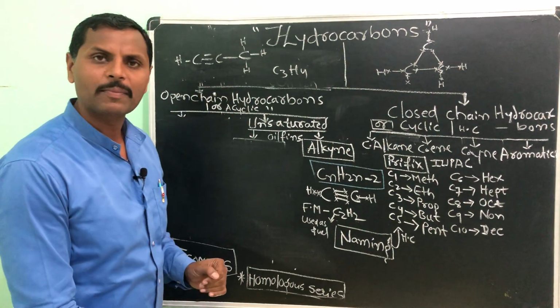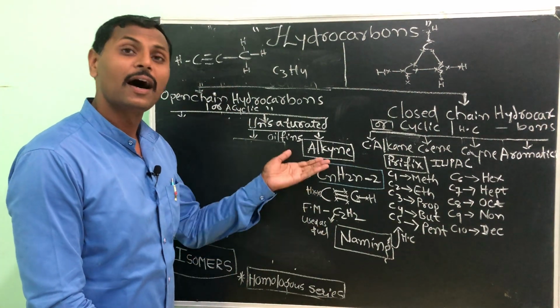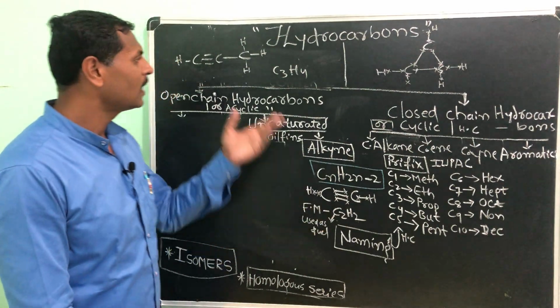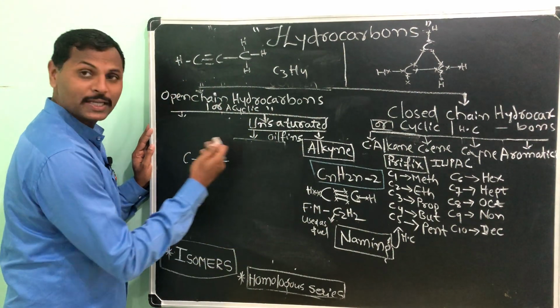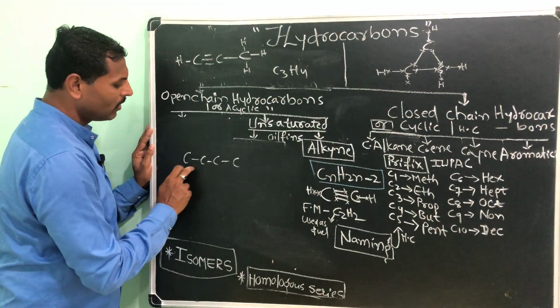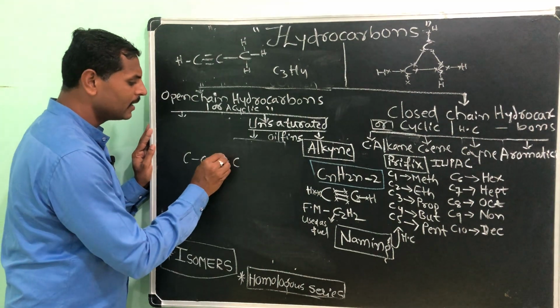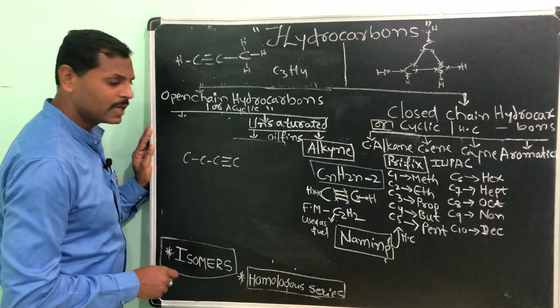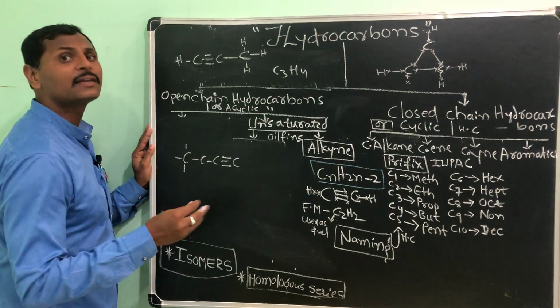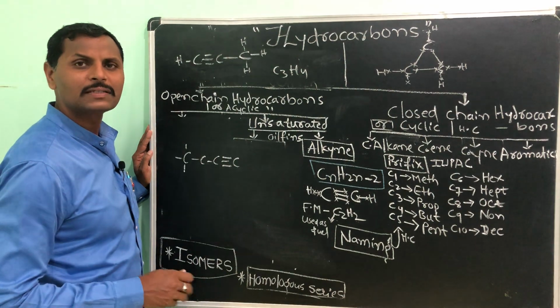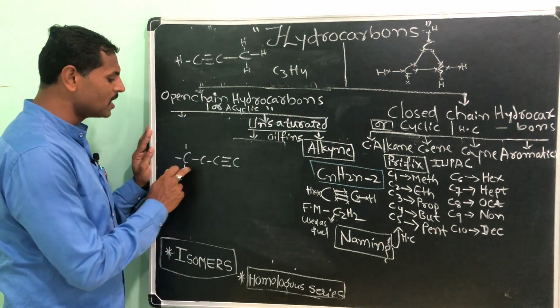So this is the third open chain hydrocarbon, that is alkyne, especially an unsaturated one. So like that, you can try one more. 1, 2, 3, as we are getting more space here, 1, 2, 3, 4 are there, and you can make a triple bond here. Why are you doing it like this, sir? Tetravalency, carbon's character, tetravalency. 1, 2, 3, 4.